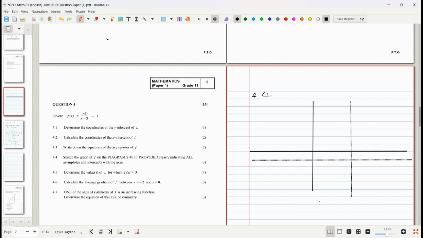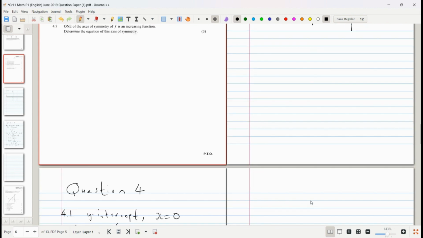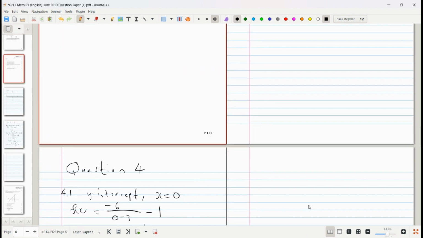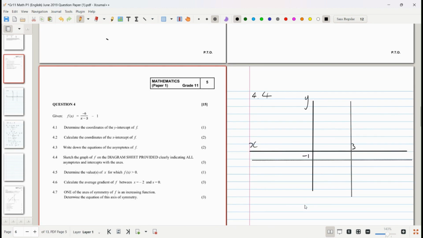We can write here negative 1. This is your y axis, this is your x axis, and here it will be 3. Yes, it's 3. x equals 3. So these are our asymptotes.